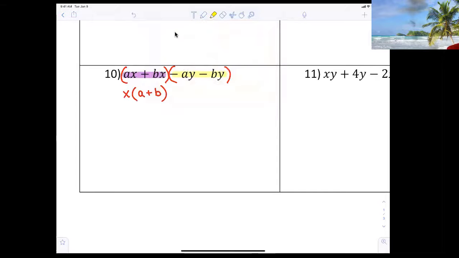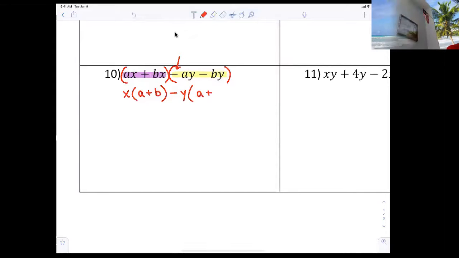It's not just Y, it's negative Y. Whatever this sign is, that is what you're factoring out. So I factor out a negative Y.